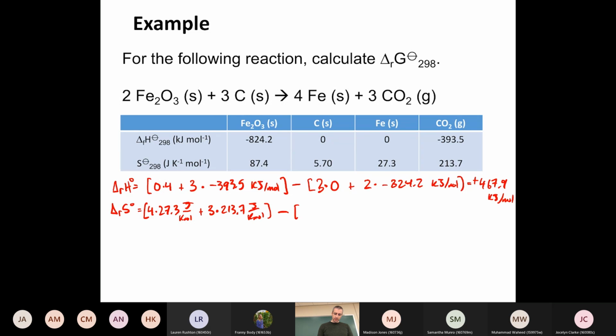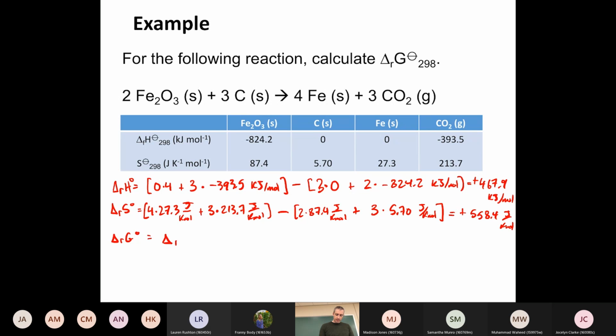Minus, for the reactants, we have for iron oxide, 2 times 87.4 joules per K mol. Plus, for carbon, 3 times 5.70 joules per K mol. And we can calculate the delta S of this reaction then as being plus 558.4 joules per K mol.